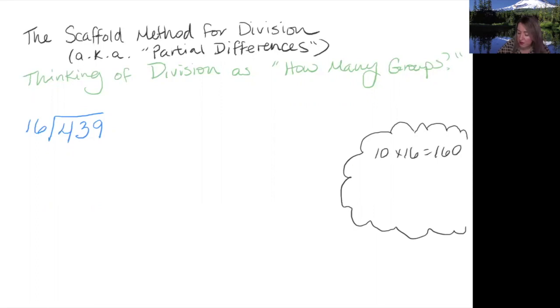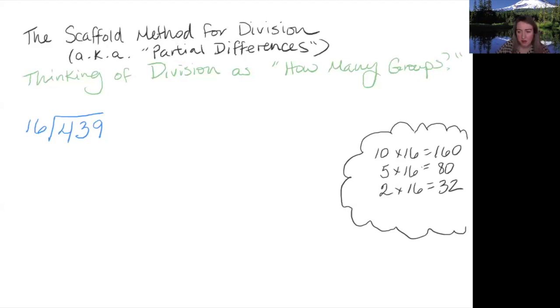That's super useful. Maybe I could cut that in half and know that 5 times 16 is 80. What else? Maybe I could think of 2 times 16. I know that's 32. There are no rules here over in your thought bubble, but it's nice to brainstorm some multiples that might be useful to you.